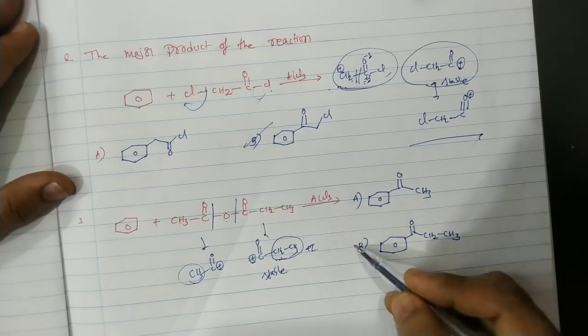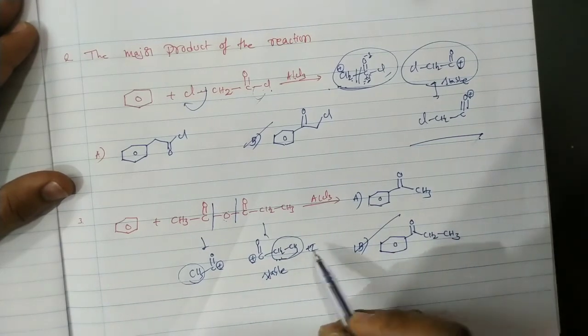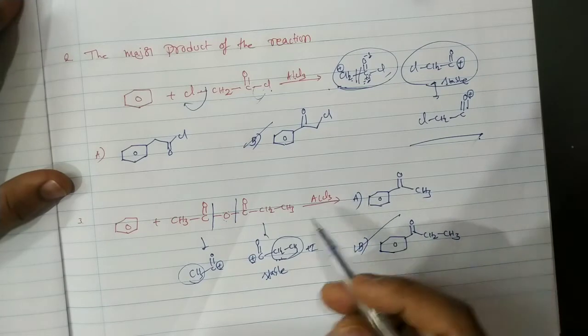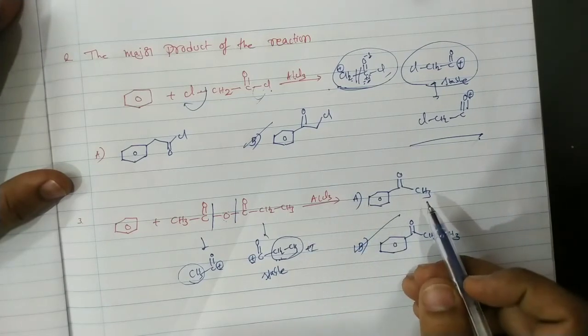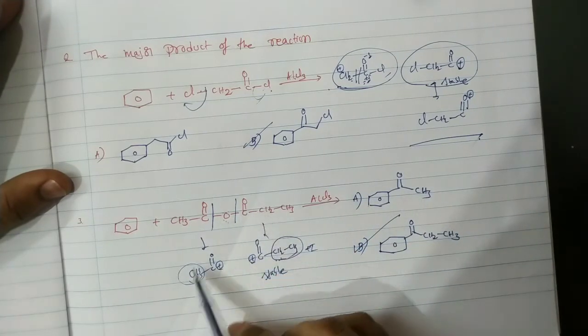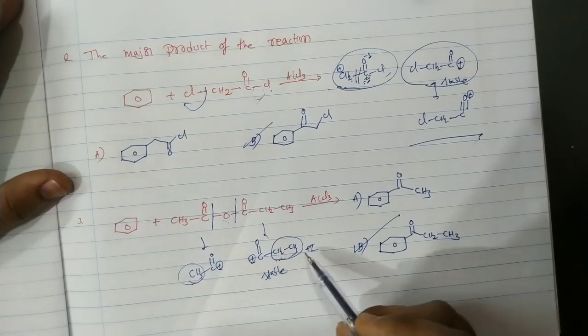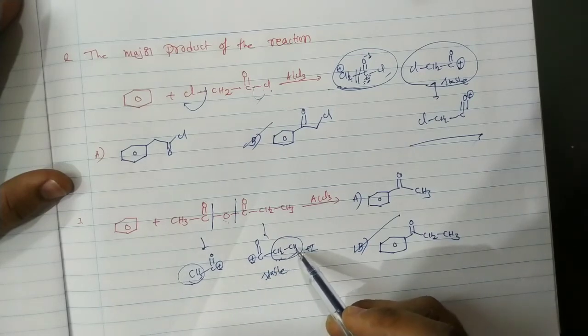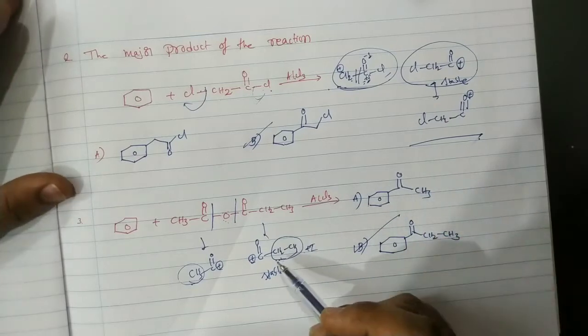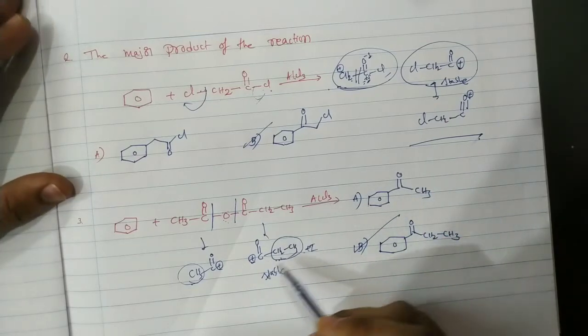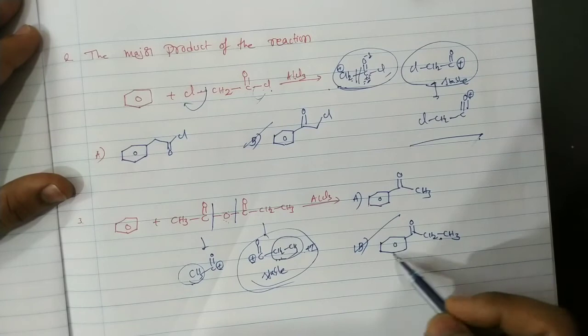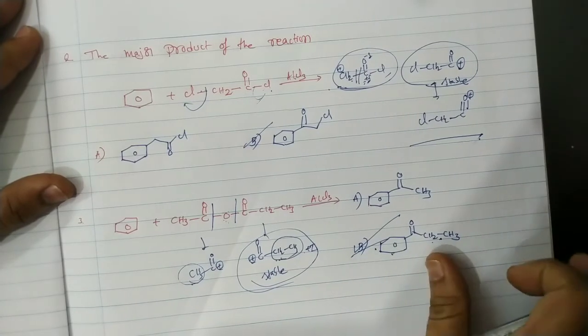So in this case the major product is this one. So this electrophile attacks on the benzene and can replace the H plus. Okay. So here in this case we have two chances, but methyl is a weaker plus side group, and ethyl is a strong plus side group, so that stabilizes this cation actually. That's why here in this case we will get the ethyl phenyl ketone as a major product.